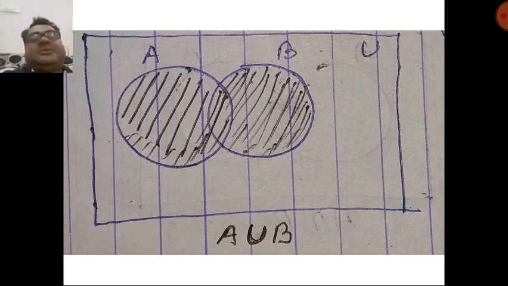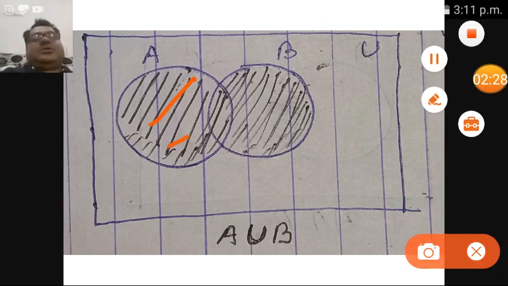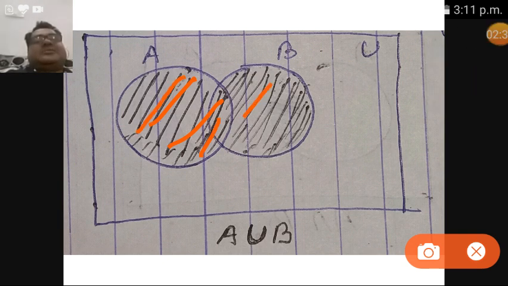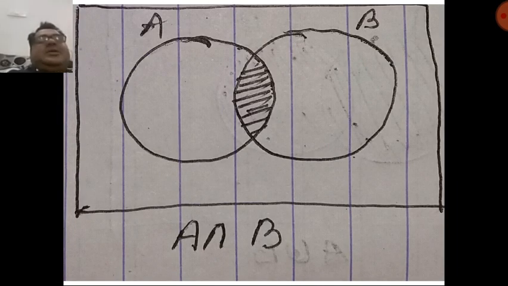So whenever we are representing A union B through the Venn diagram, it means what? We have to shade the whole region of the set A as well as set B. Okay, so in the figure given, the shaded region is representing what? A union B.